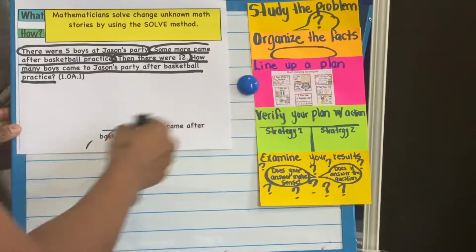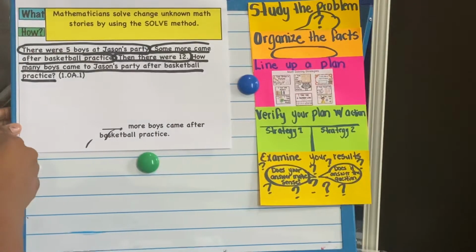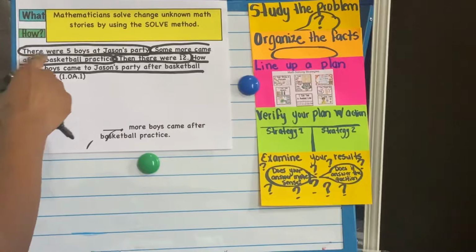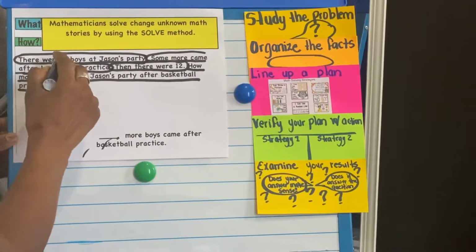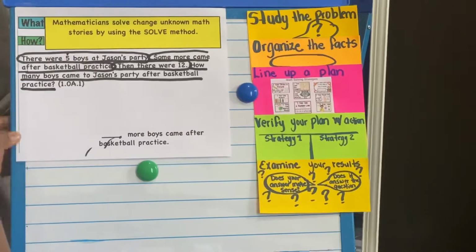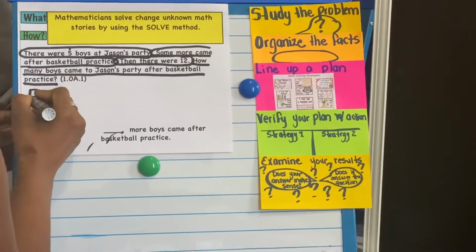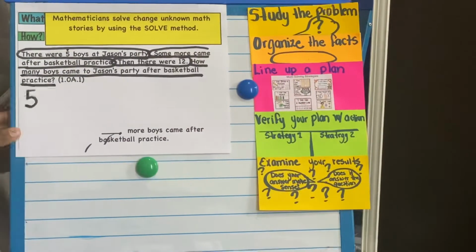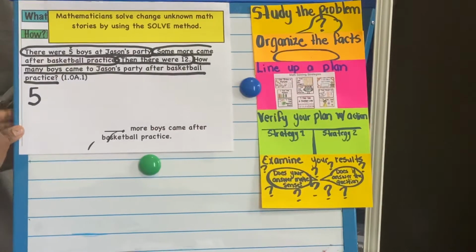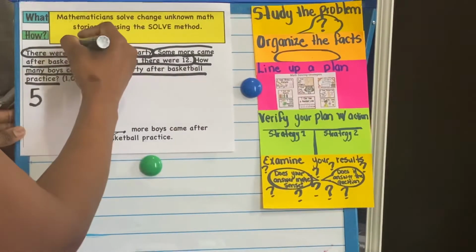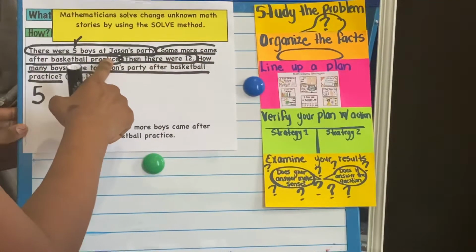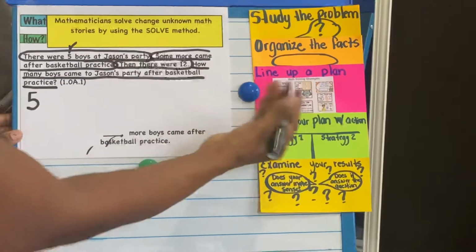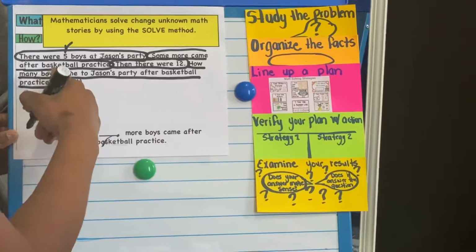So I know that there were 5 boys. So they started with 5. I'm thinking maybe I can write an equation because I know that they started with 5, right? And then some more came after the basketball practice. Oh, I think we need to add.